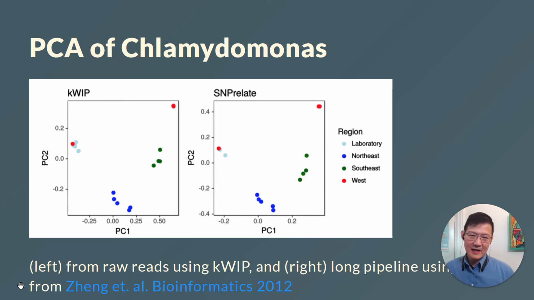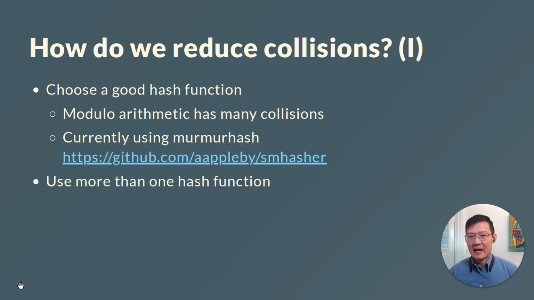And after that long pipeline, they did PCA. If you look at these two plots, they're very, very similar. The one on the left is purely just counting occurrences of substrings. The one on the right uses significantly more information to try and recover the variation between the different organisms that are measured here. So that was quite nice.